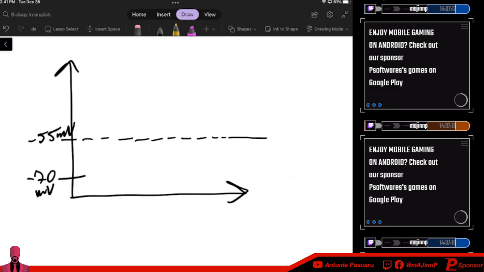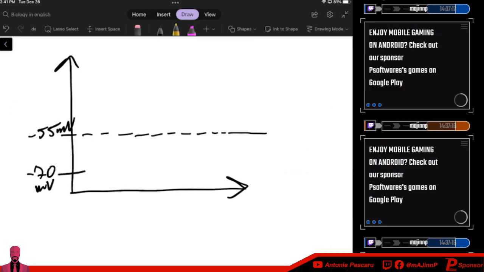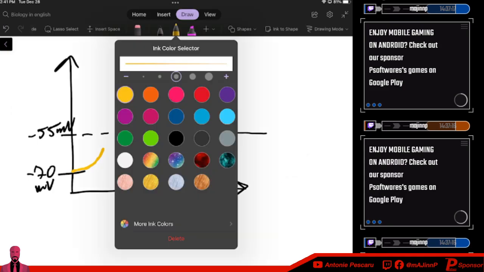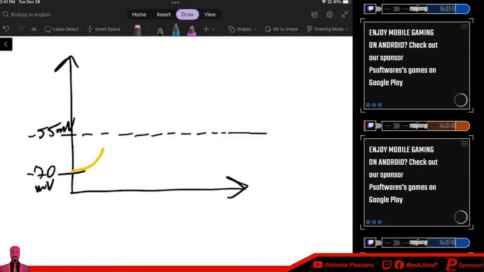If I get an intake of sodium, which is positive ions inside of the cell, this happens. It's going to try to go up. But then I got either the exit of positive ions, and I also got the intake of negative ions.